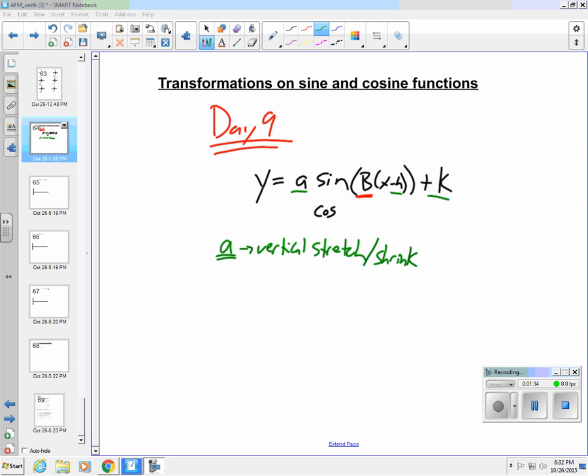With sine and cosine, what this changes on our graph is the amplitude. Changes how steep the waves are. So the amplitude for a sine or cosine graph is just the absolute value of that vertical stretch. So if it's negative, we don't include that. That's a reflection over the x-axis. We just say the amplitude is the positive of whatever that number is.